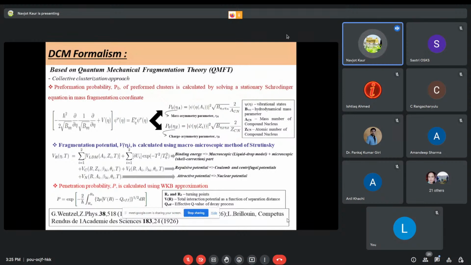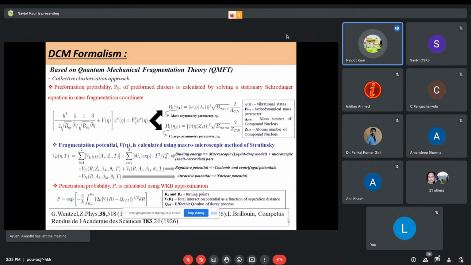Next, we have the fragmentation potential. The fragmentation potential comprises the sum of binding energy plus three potentials: the Coulomb potential, the angular momentum potential, and the nuclear proximity potential. The binding energy comprises two terms, the macroscopic liquid drop model plus the microscopic shell correction part.